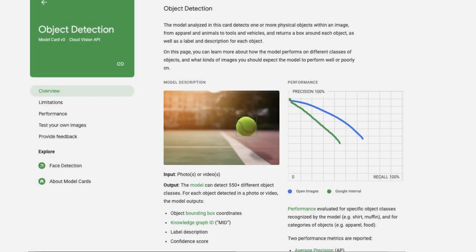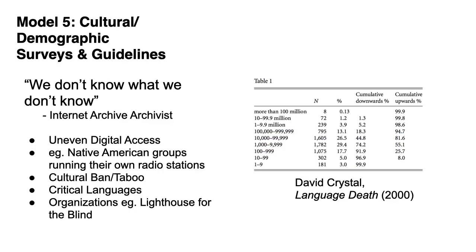This is an example for an object detection model at Google, where the model card is publicly available. It talks about different kinds of evaluations that were done on different kinds of data sets, etc. So this is the direction in which we think the field should move.